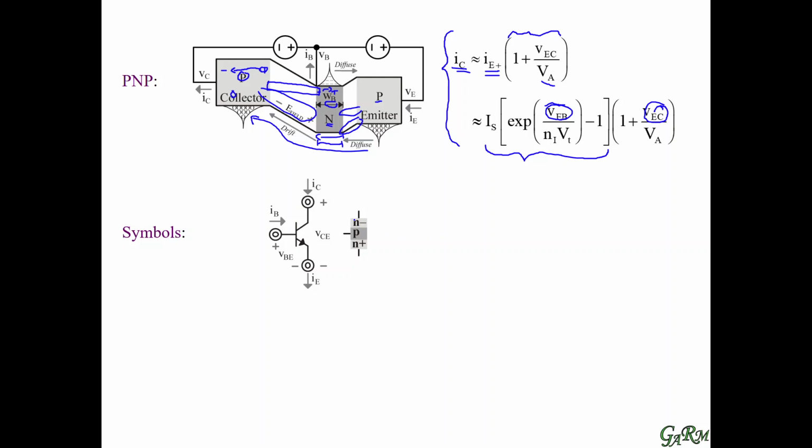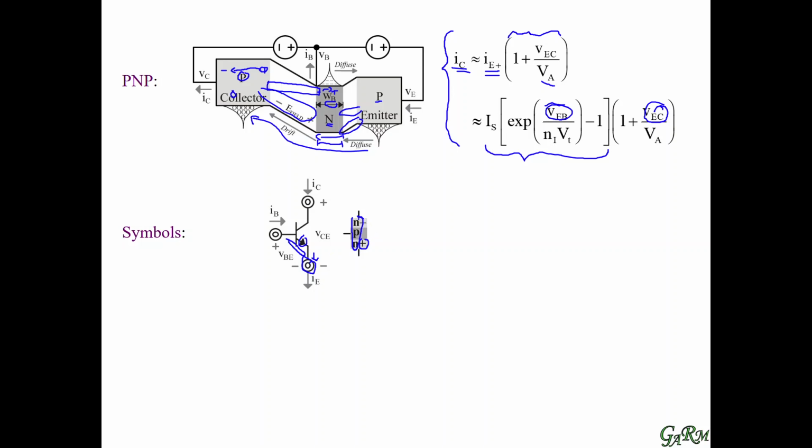In the NPN, we have here the NPN, and the one that is more highly doped is the one that is optimized as an emitter. So this is our emitter. We normally forward bias the base emitter junction, and we get current flowing out of the emitter. So we'll put an arrow to indicate that base emitter junction that is forward biased, and that's how we know that it's an NPN.